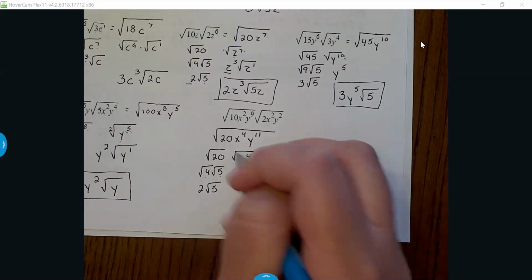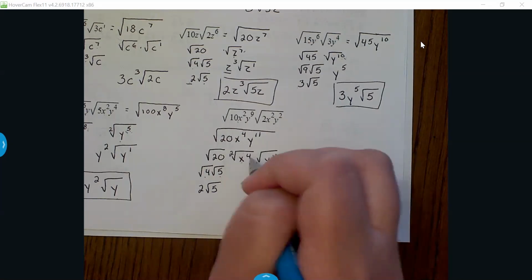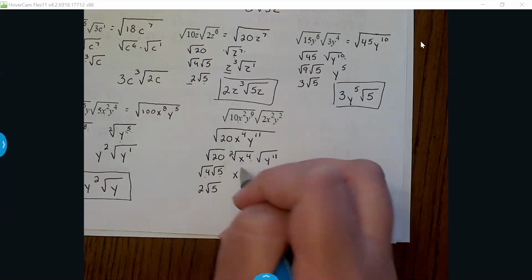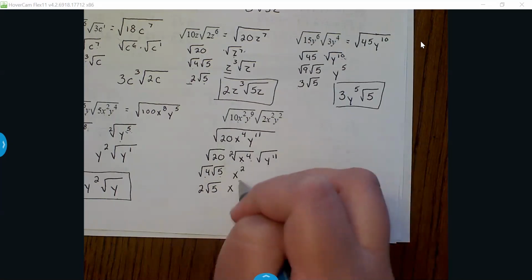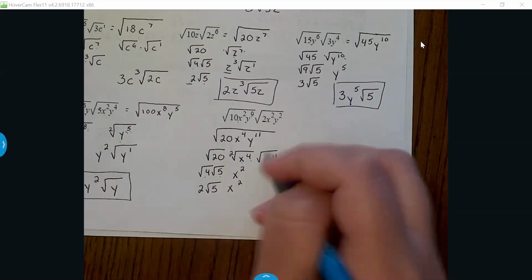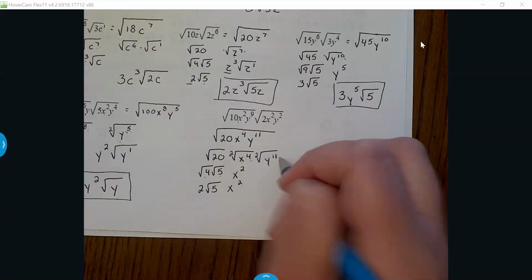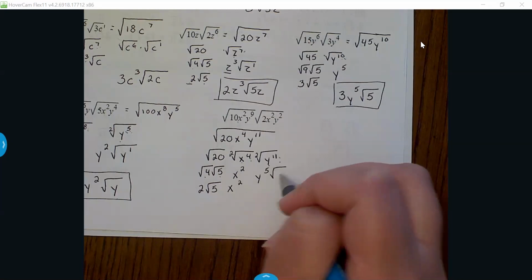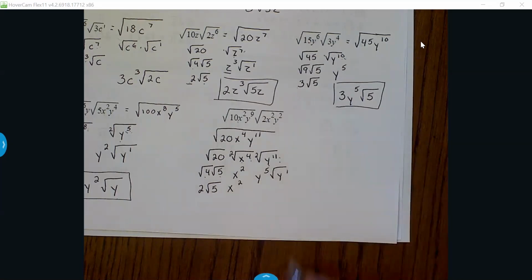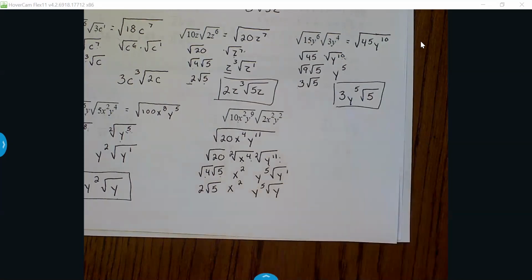Now I have the square root of x to the 4th. So there's a 2 here. How many times does 2 go into 4? 2 times with none left over. So that just becomes x squared. And then I have the square root of y to the 11th. How many times does 2 go into 11? It goes in 5 times with 1 left over. So I have y to the 5th times the square root of y.